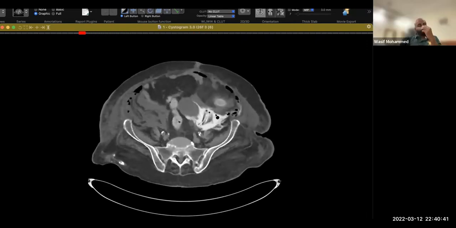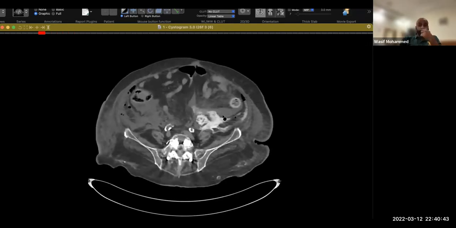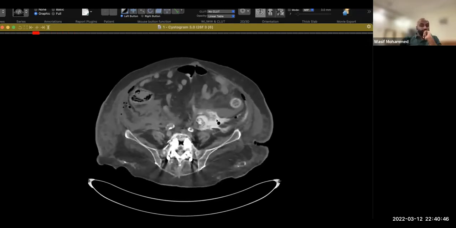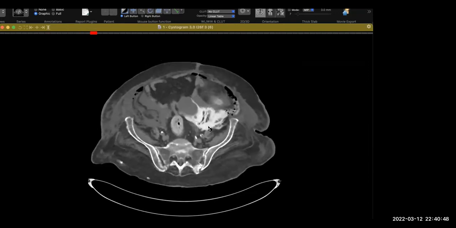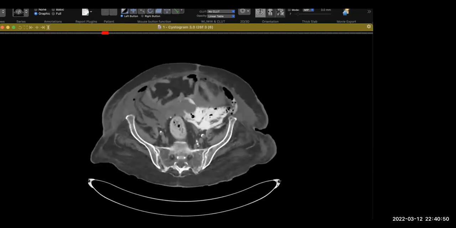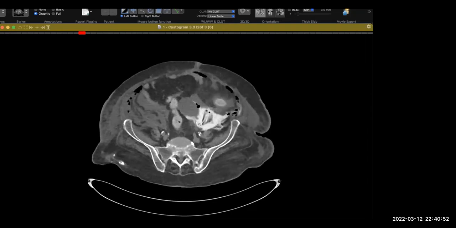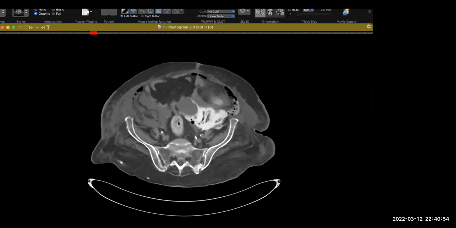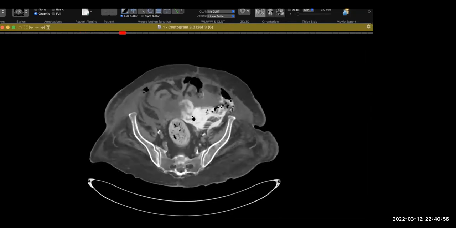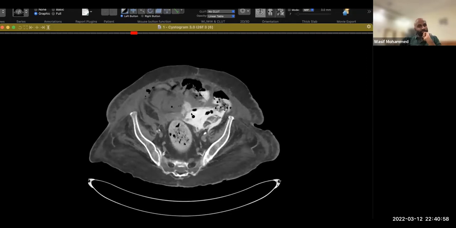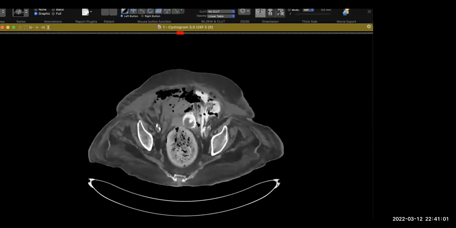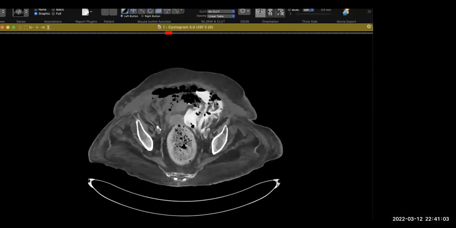This patient had actually presented with a suspected pelvic mass. What do you think? Here I can see a large soft tissue density mass also. Where's the urinary bladder? Here is a Foley's bulb.